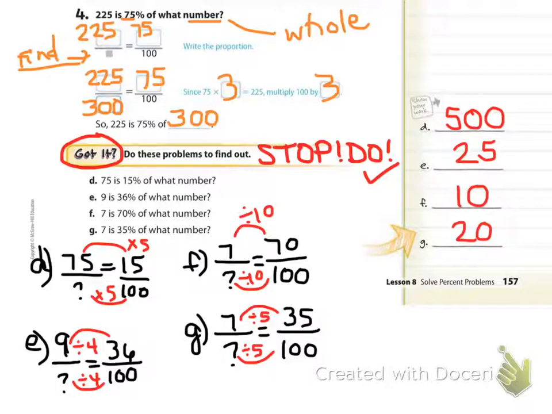That's what you're trying to find. Once you can find the relationship between 225 and 75, then you're good. That's shown to the left in the blue writing, and I filled in the blank with the 3. Right? So the answer is 225 is 75% of 300. The whole would be 300.